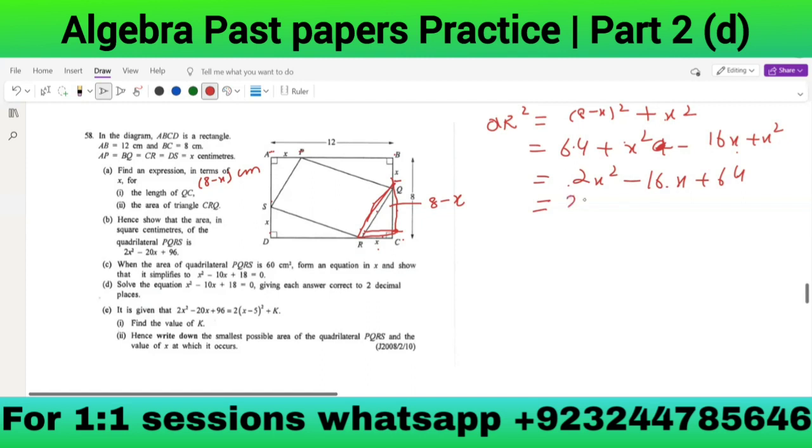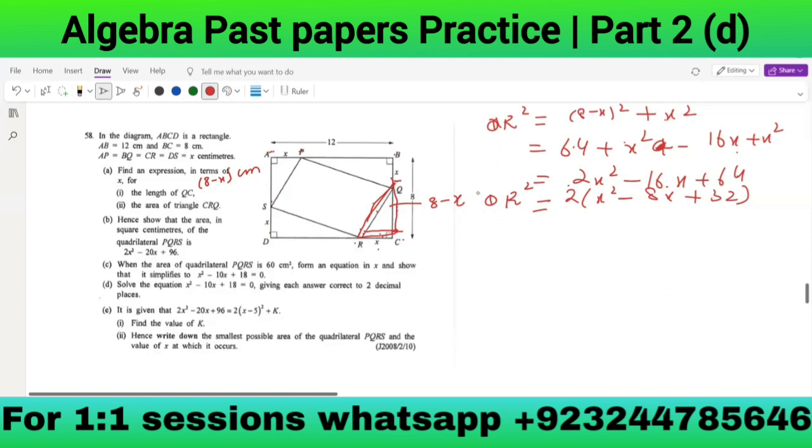We can leave it like this or take common: x squared minus 8x plus 32, since 2 eights are 16 and 2 twos are 4. So this will be QR squared. QR squared is equal to base squared plus perpendicular squared.